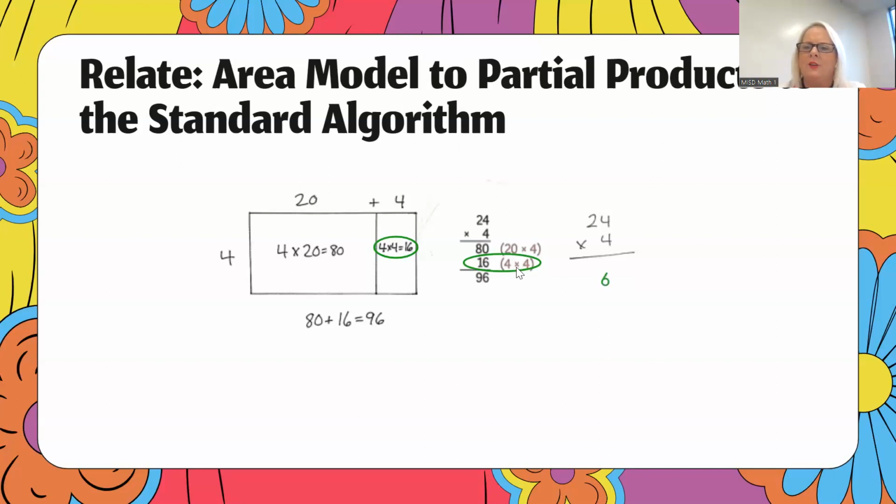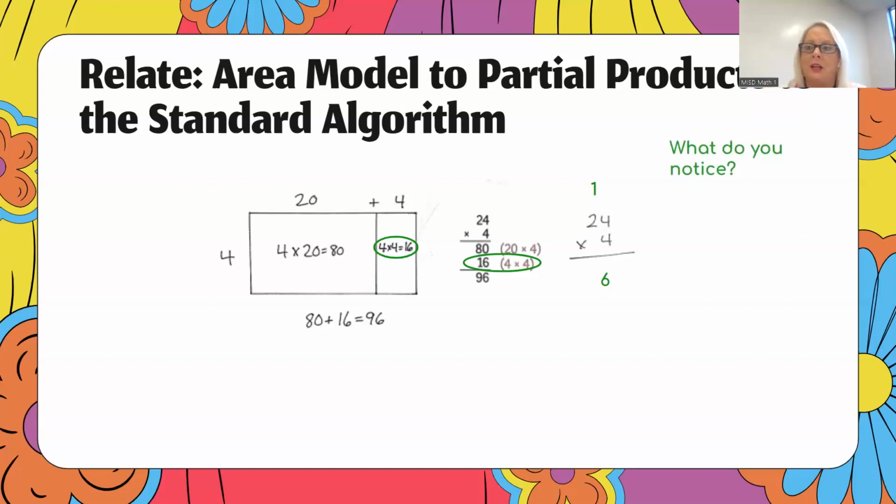Now, on the standard algorithm, when we multiply 4 times 4, this is what it looks like. What do you notice about that? These are the questions I want you asking your students, like, why is that 1 up there? Like, I don't understand. What do you see that's different? And hopefully some of them are going to say, hey, if I had this next to this, that would be 16. That kind of reminds me of when we were grouping addition, right?